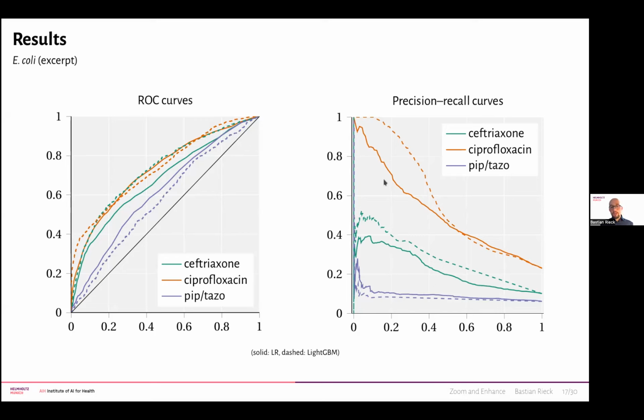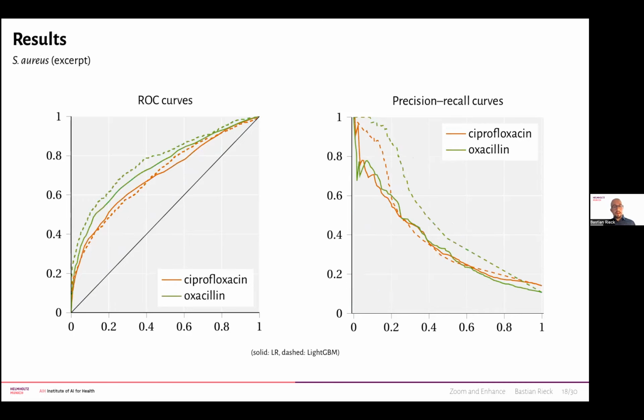When you go to the precision recall curves, you see that this is a little bit different. So the ROC curves are, of course, not the best way to summarize these things, since there is some heavy imbalance going on. Here you can see that in the precision recall curves, the GBM classifier does typically very, very nicely for some of those antibiotics, not for others.